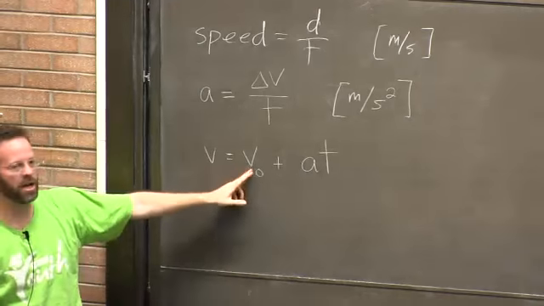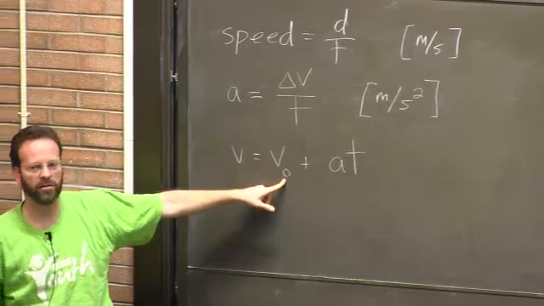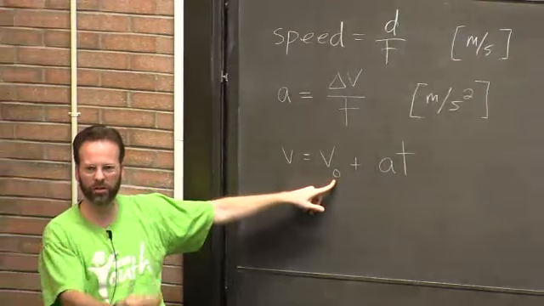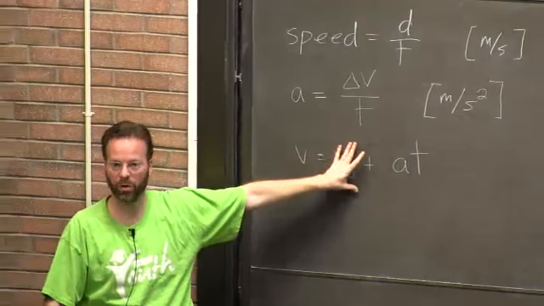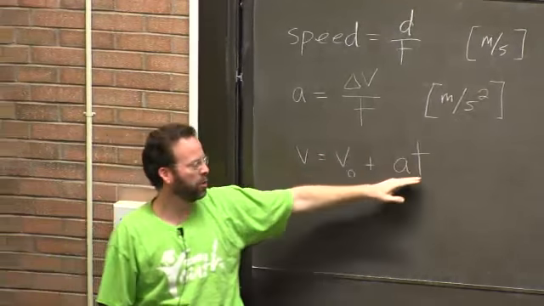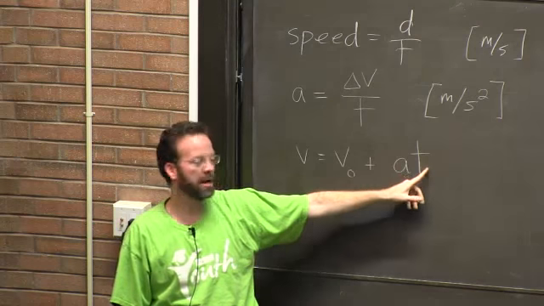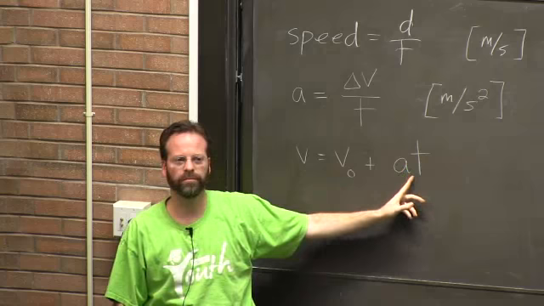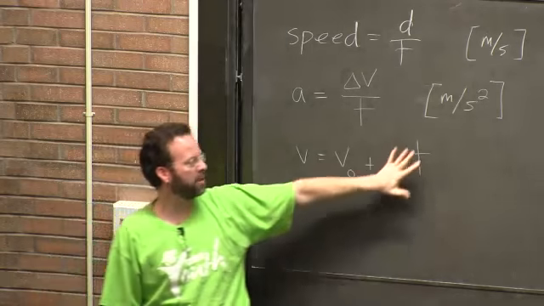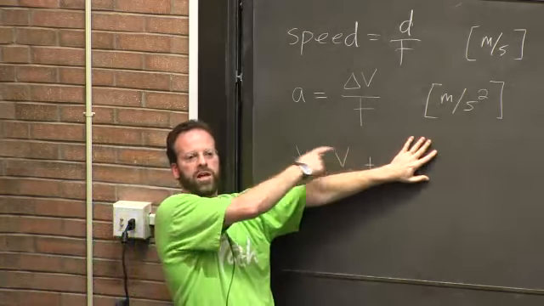This is your initial velocity. If you're already going at a certain speed, or if you're starting at rest, this would be 0. And you want to know how fast you'll be going sometime later, well, that's dependent on your acceleration. So if you're not accelerating, you stay at the same speed.